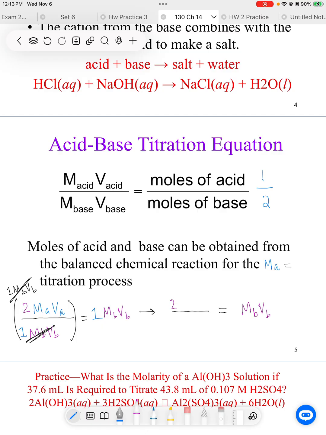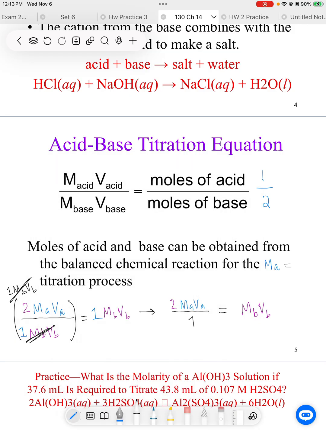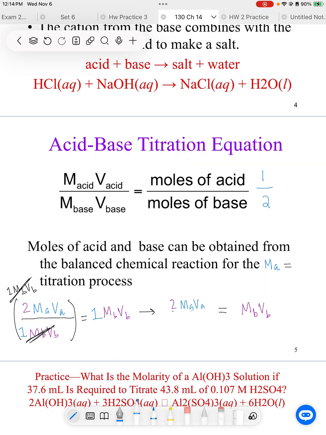We have 2 MAVA, and this is all just over 1, if it helps you to see that, but if not, I'm going to erase it. So we just have this equals this. We still have our 1, even though it's invisible, but we're going to draw it for now. Okay, so now we have 2 MAVA equals 1 MBVB. We're getting closer to just having MA on one side of the equal sign.